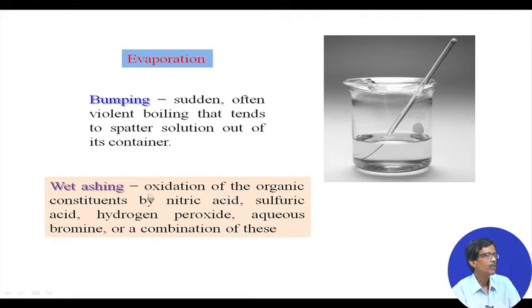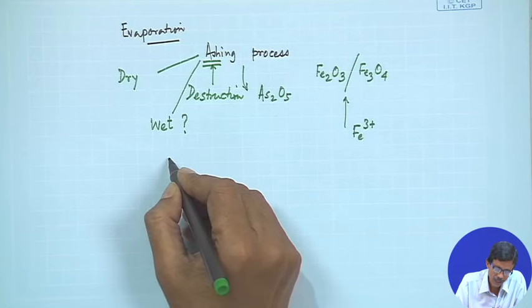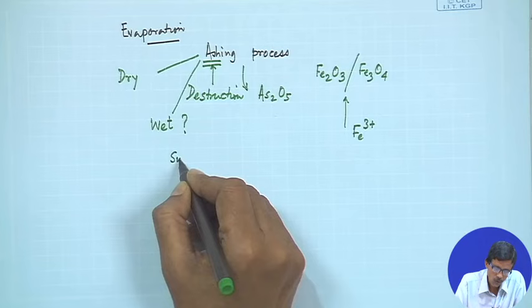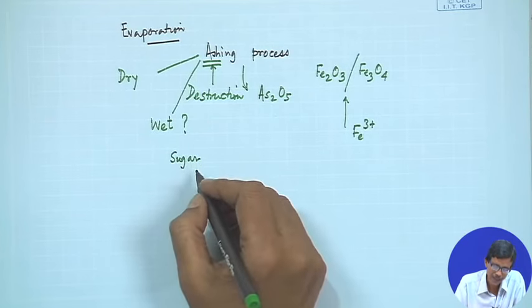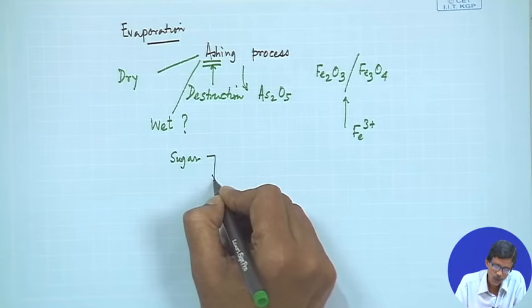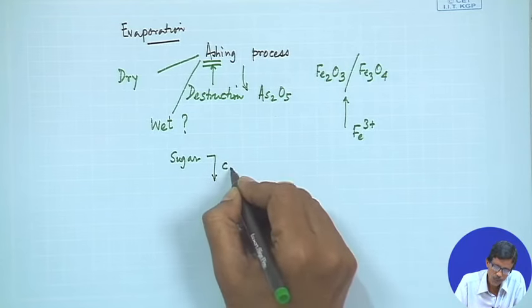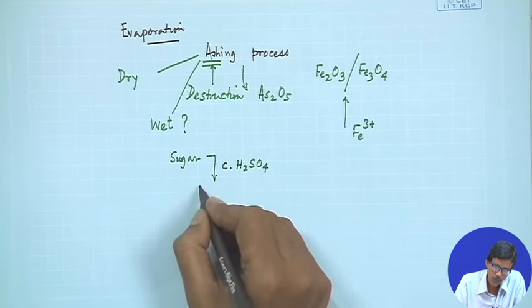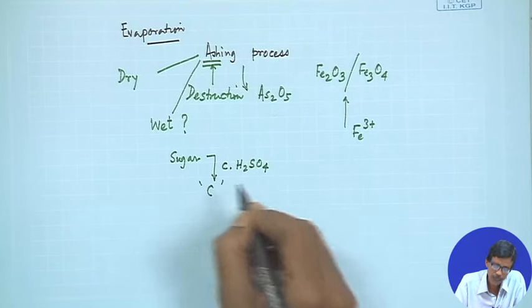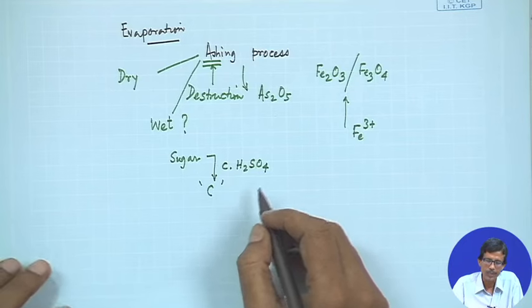So, this particular thing, when we treat it with acid, sometimes we treat with concentrated sulfuric acid. We all know from our school days example that if sugar is treated with concentrated sulfuric acid, we are left behind with carbon, the charcoal type carbon.